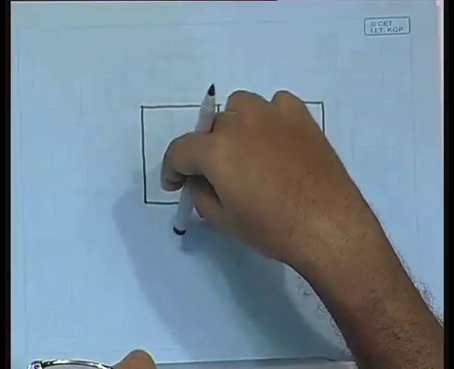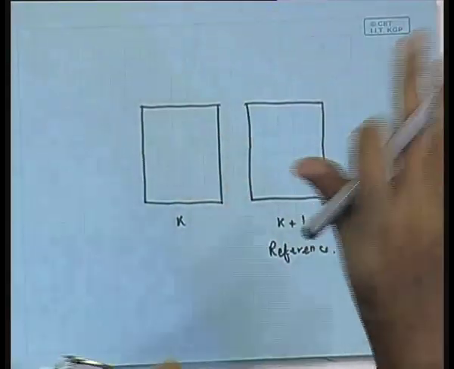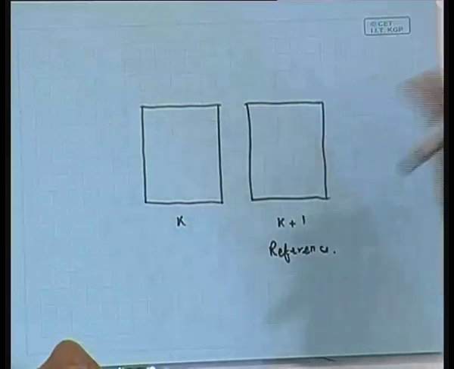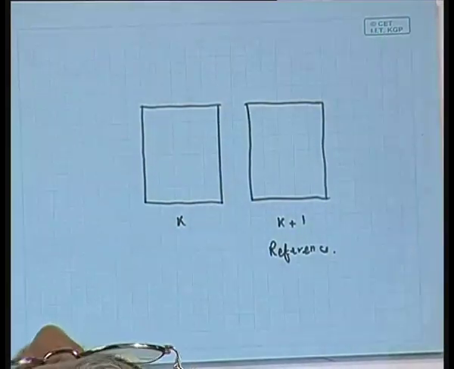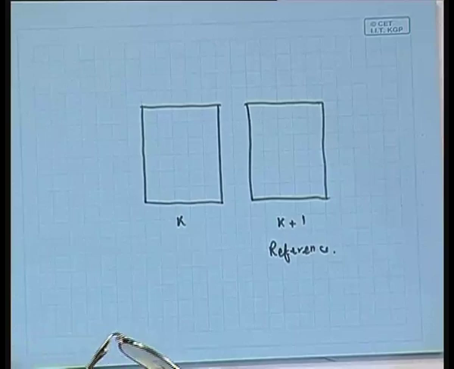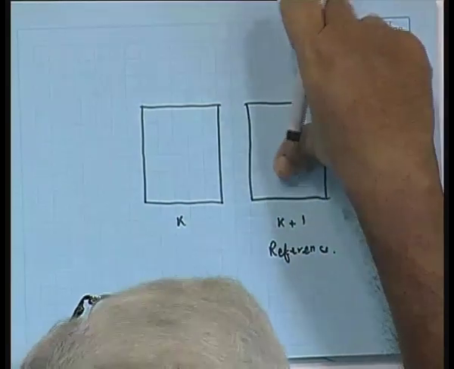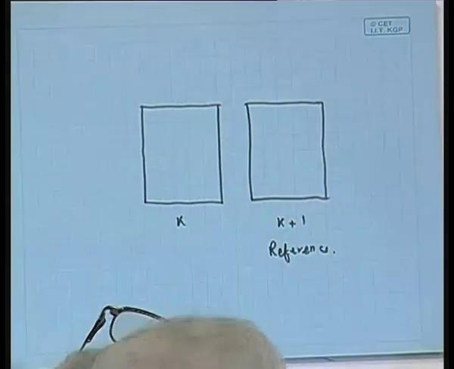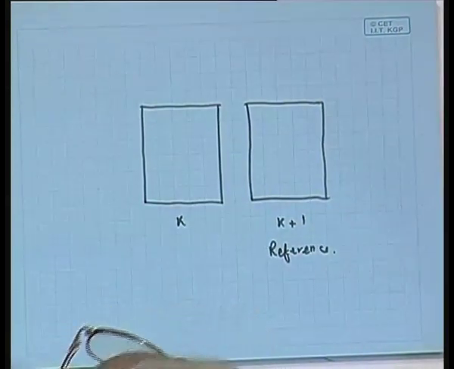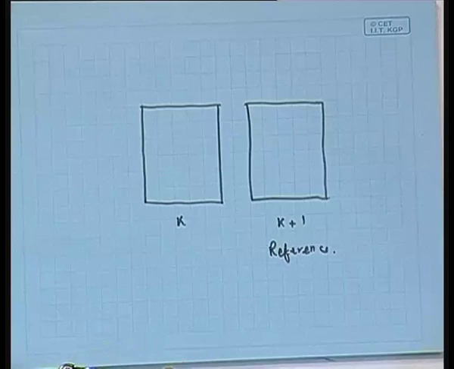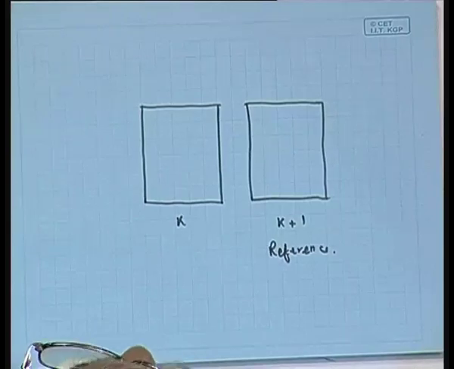In a very similar manner, we subdivide frame k into a number of non overlapping blocks, and for each of these blocks we find the motion vector that comes out of the motion estimation with frame k plus 1 as the reference.